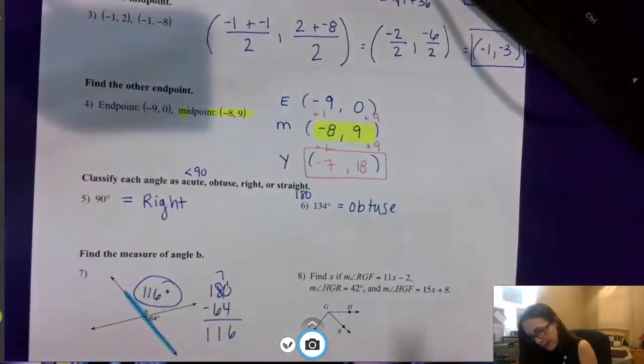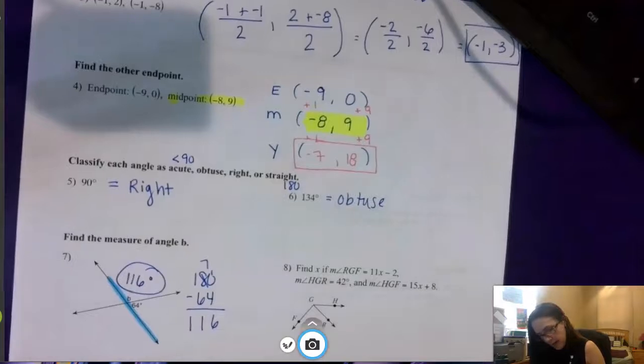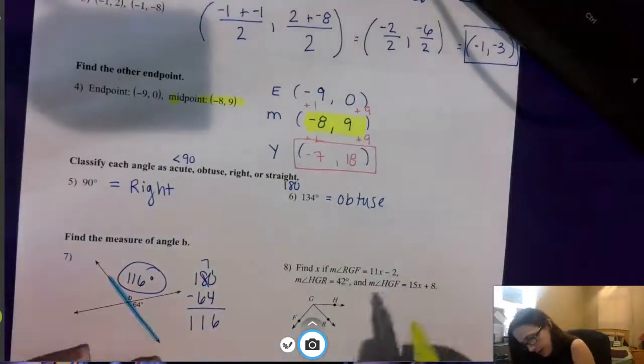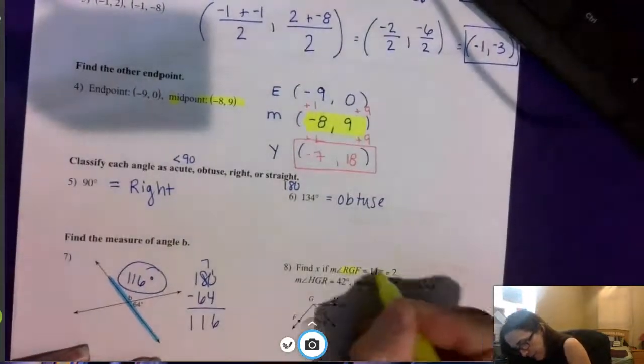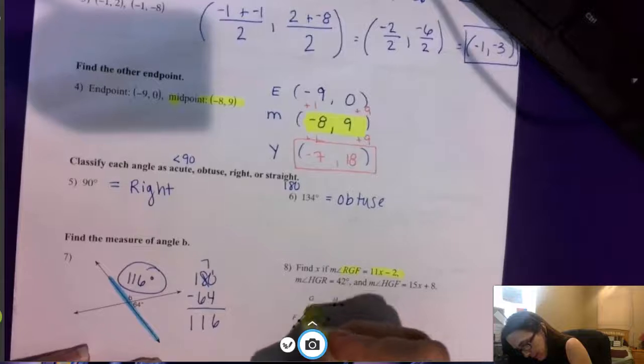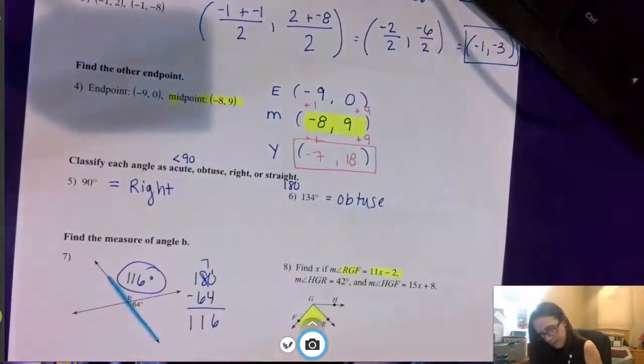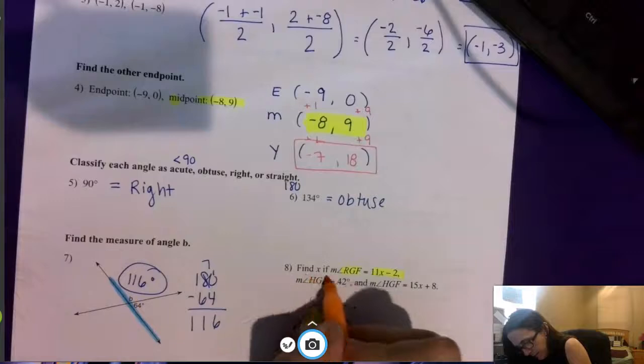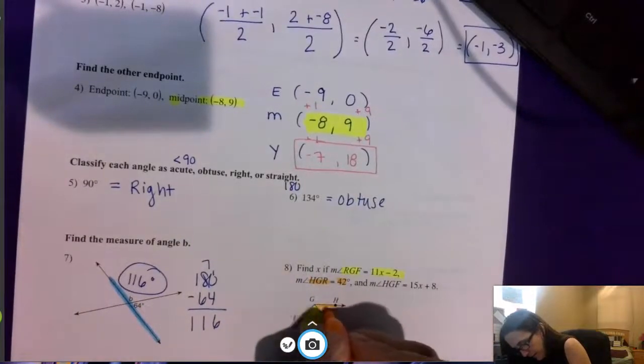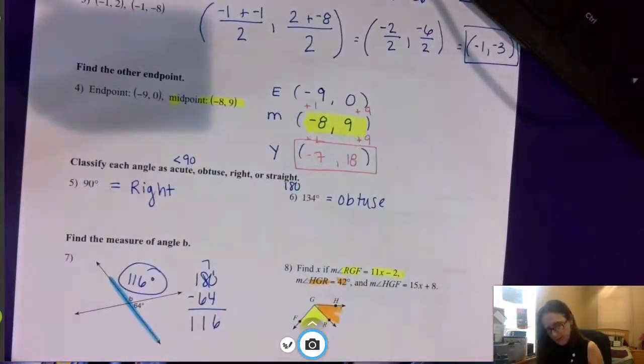Okay, over here, I know that RGF is this right here. I know that HGR is this right here.